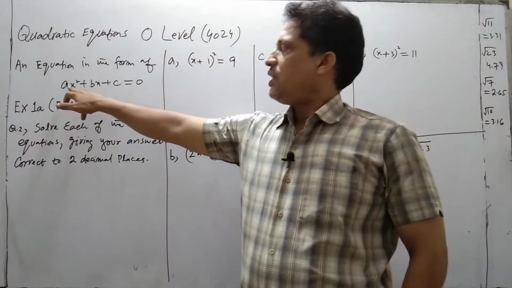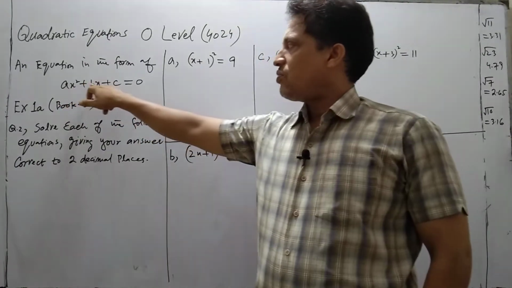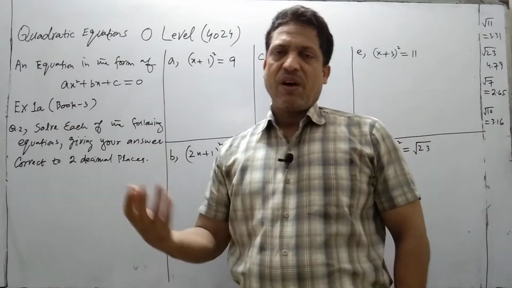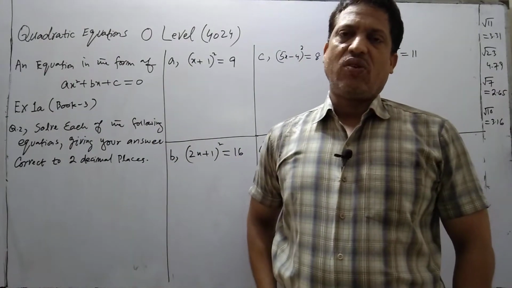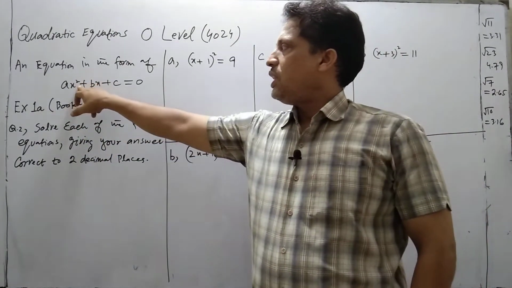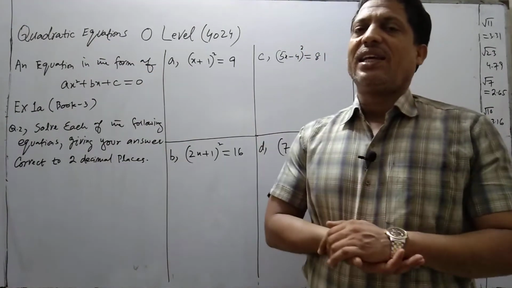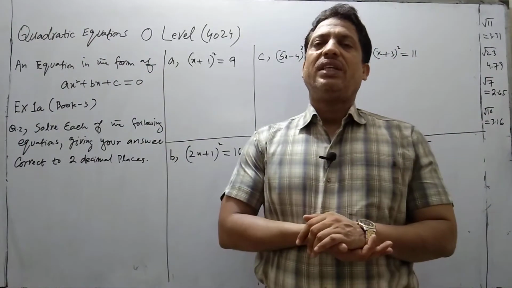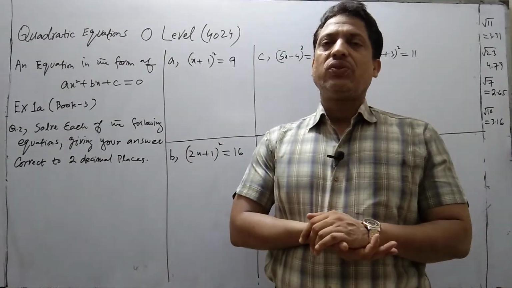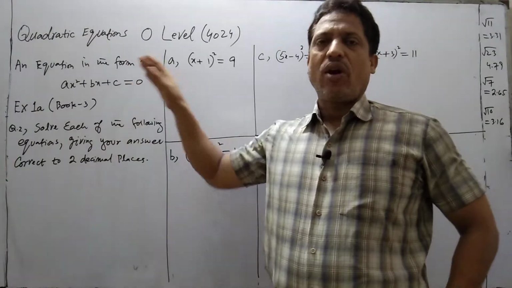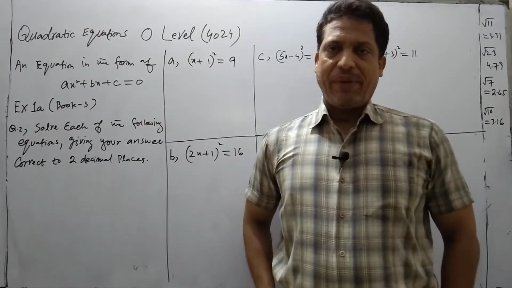An equation in the form of this: ax square plus bx plus c is equals to 0. If the highest power of the variable x or y or z is 2, then we call the equation a quadratic equation. And in last lecture I told you that always there are two solutions, two values of x if you solve quadratic equation by any method.